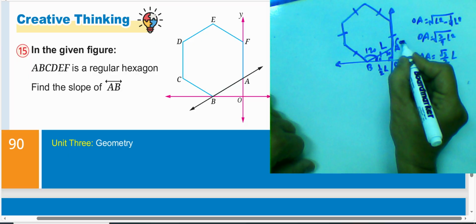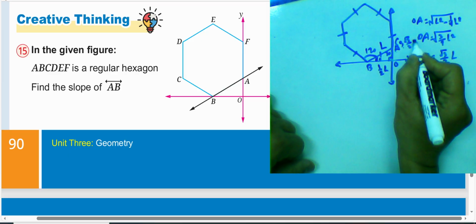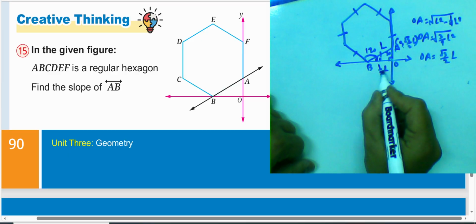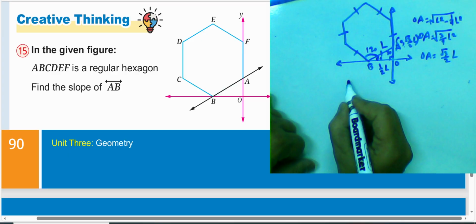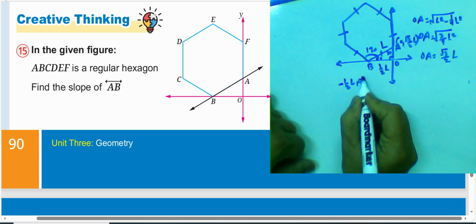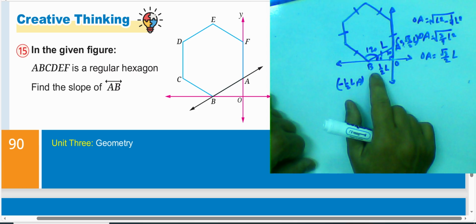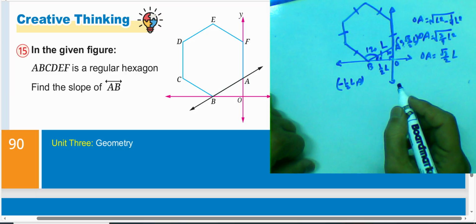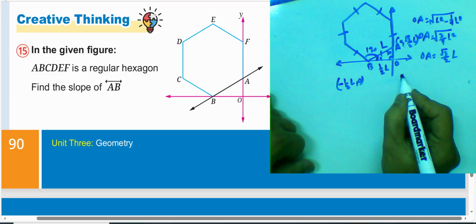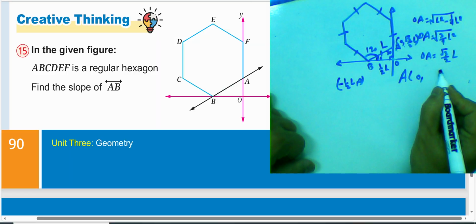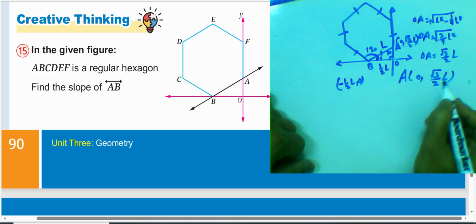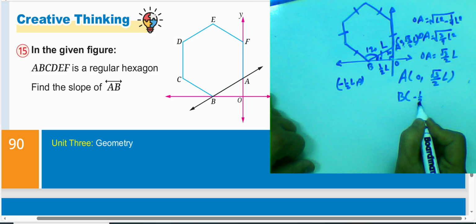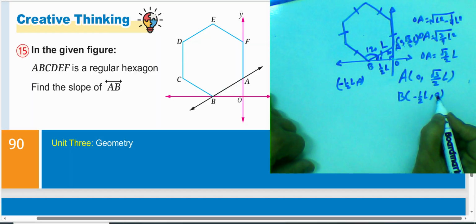Okay, now we can find the coordinates of point A. A will be 0 and root 3 over 2 L. And point B, from the left hand side here, we write negative half L and 0 because it lies in the negative part. Then we have 2 points, and we can find the slope of AB. Point A was 0 and root 3 over 2 L, and point B was negative half L and 0.